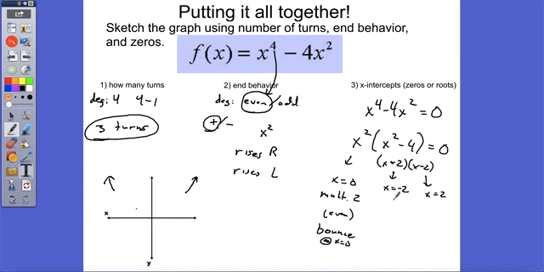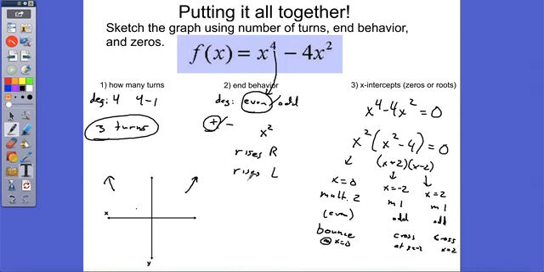Even though we don't usually say multiplicity 1, we can say it just to remind us. Those are both odd, which means it's going to cross at each of those. So it's going to cross at x equals negative 2, and it's going to cross at x equals 2.